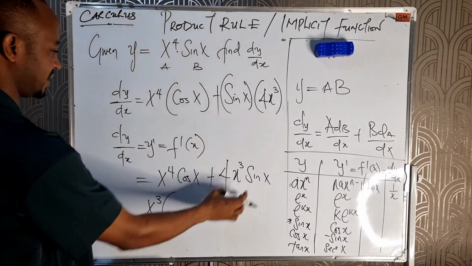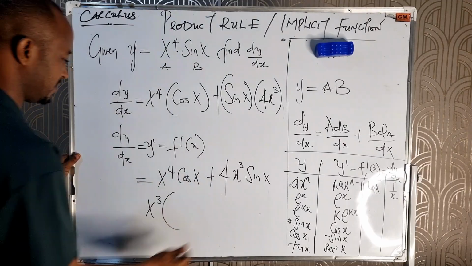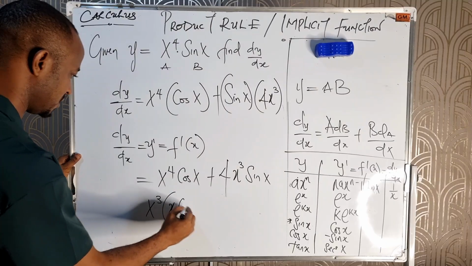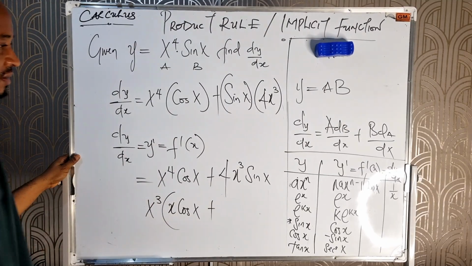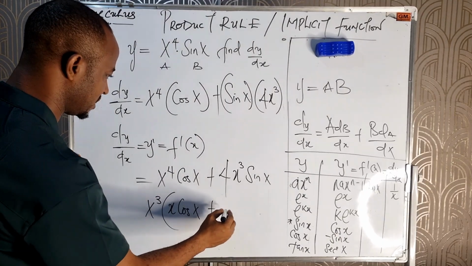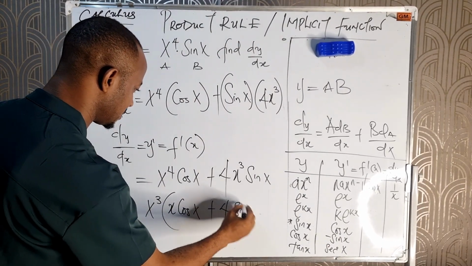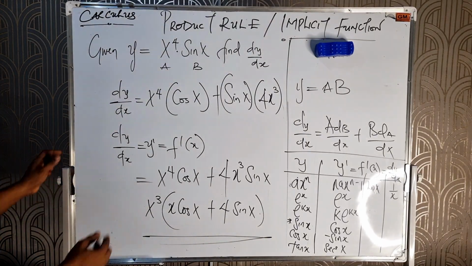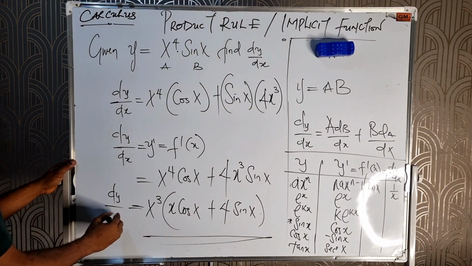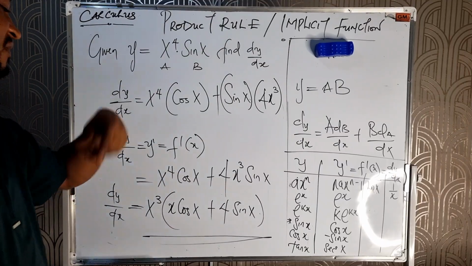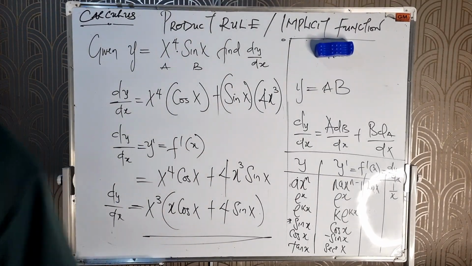When we divide the whole of this by this, we're going to be left with x cos x, plus, when we divide the whole of this by this, we're going to be left with 4 sine x. This is the final answer here. This simply represents dy/dx, which can also be represented with y prime or f prime of x, right?